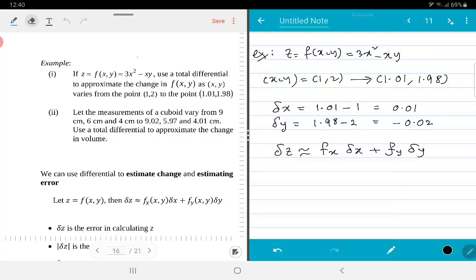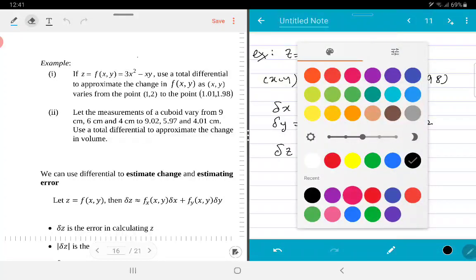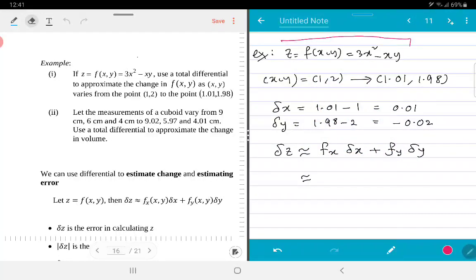Let's get the first term. Partial f partial x, differentiate f with respect to x. The first term is 3x squared, so that will give us 6x minus y.